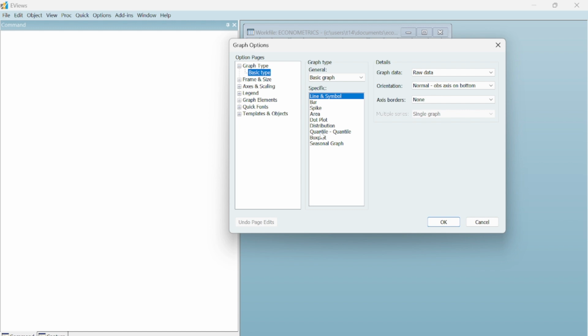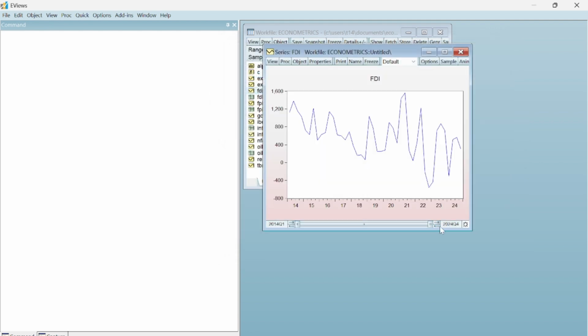A graph tells us the whole story, looking at the trend. Your normal demand and supply curve is just a line graph, and your IS-LM curves are all line graphs. So we simply love using line graphs to explain ourselves. If you click on it, you can see how your FDI is moving.